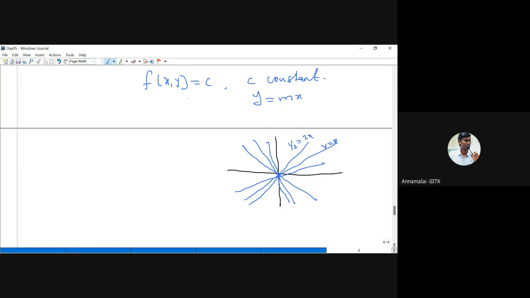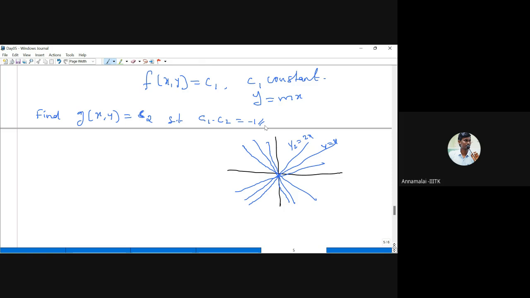Maybe we call this C1, the one family of curves. We have to find another family of functions, that is g of x comma y equal to C2, some family of curves C2, such that the product of the slopes of C1 and C2 should be minus 1. That is the condition. Orthogonal trajectory means the product of these two should be minus 1.